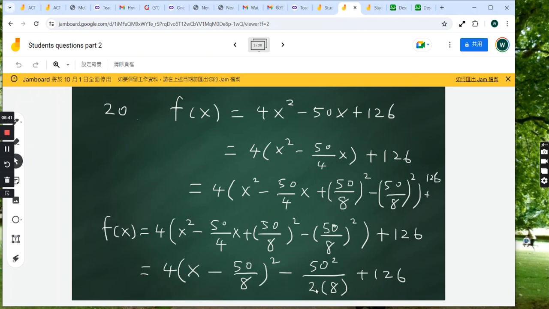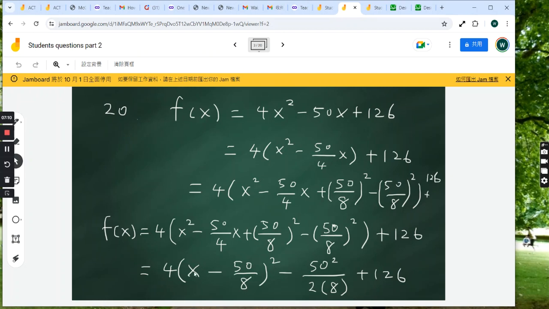Now, conveniently, inside the parentheses, after bringing this outside, you have only three terms. What are these three terms? x squared minus 50 over 4 times x plus 50 over 8 squared. Making use of the square of a difference formula, this is equivalent to x minus 50 over 8 squared.